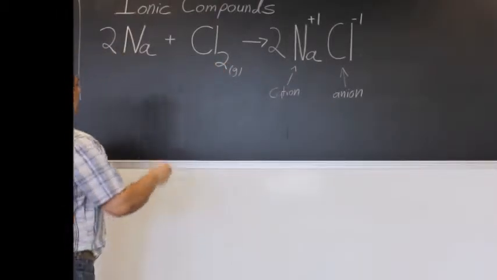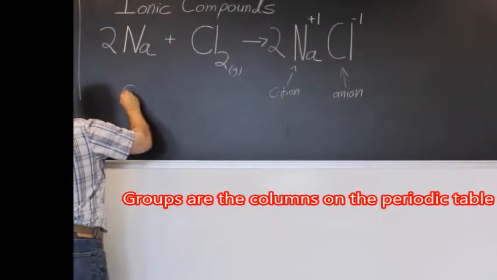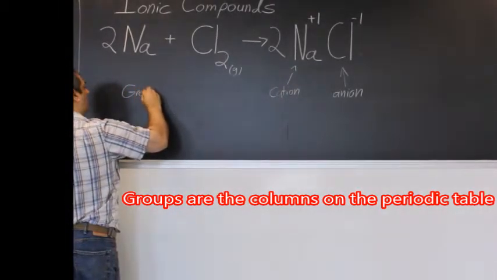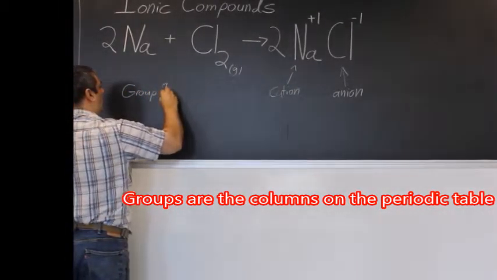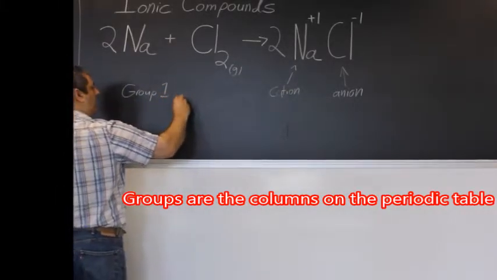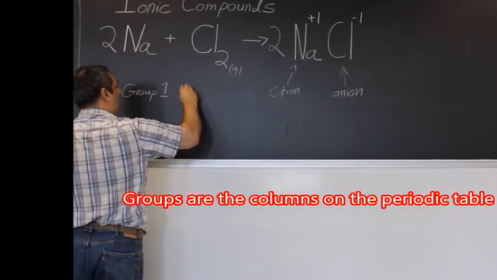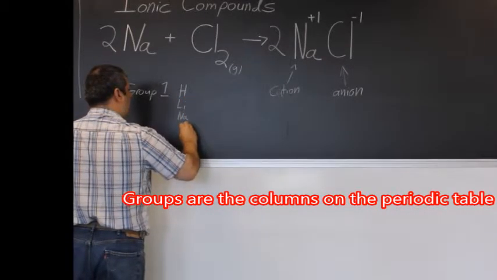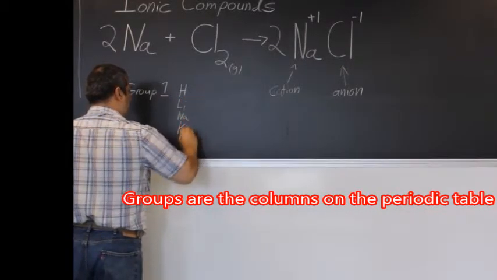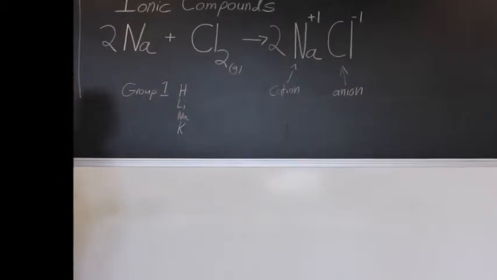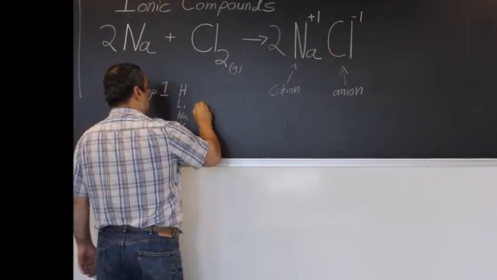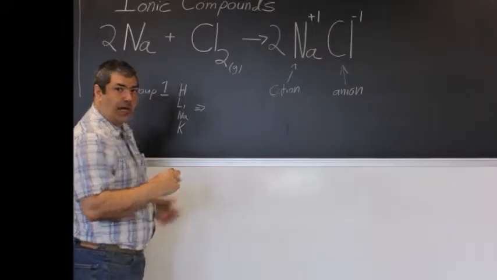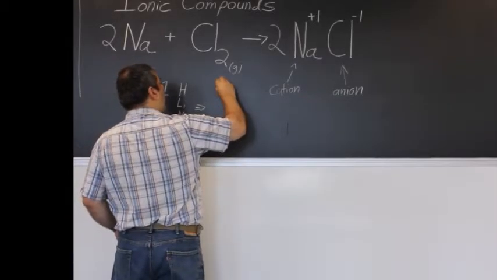So what we'll find is, like group 1 metals, and running out of space, hydrogen, lithium, sodium, potassium, and so forth, when they form ionic species, they form cations.